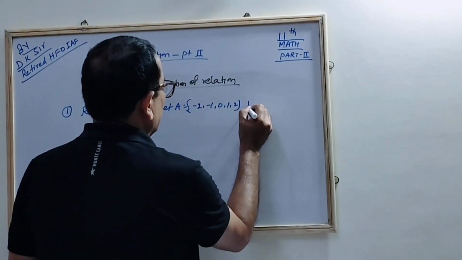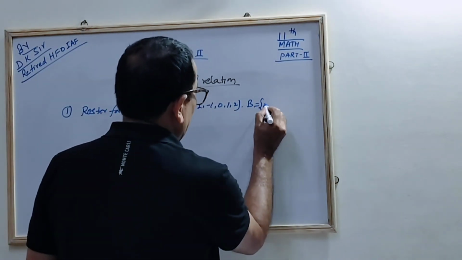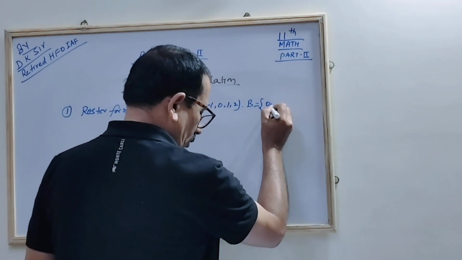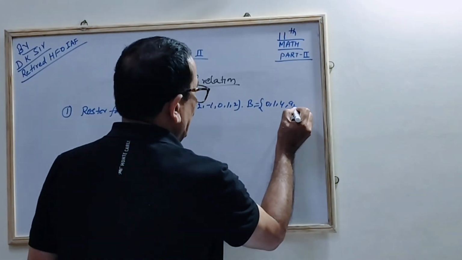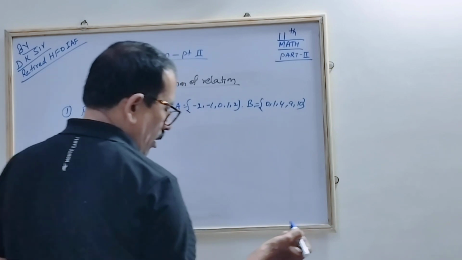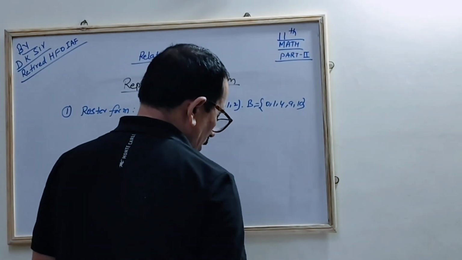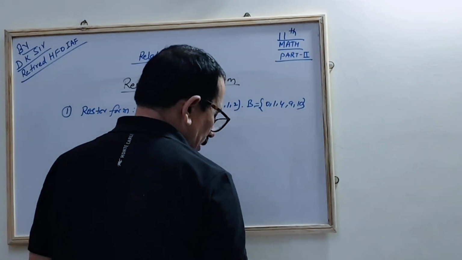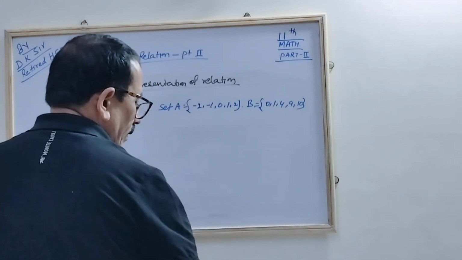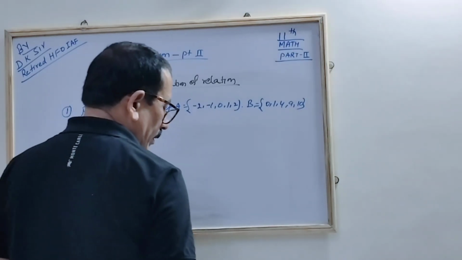And we have the set B. The set B has the elements 0, 1, 4, 9 and 10, correct? Then, as you know, by the rule, A is related to B, so the A square should be related to B.